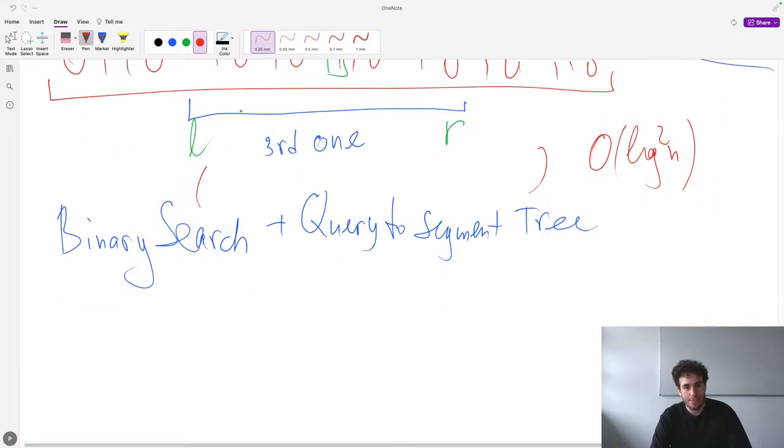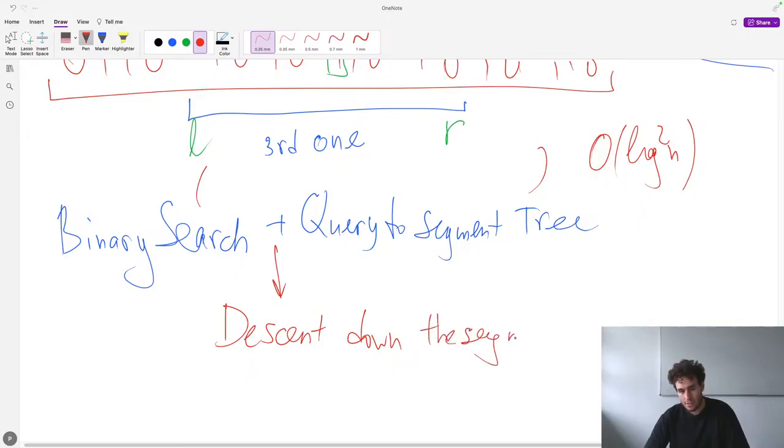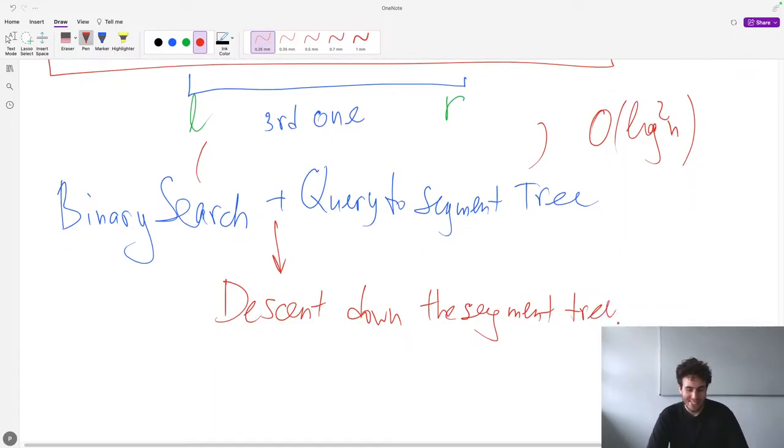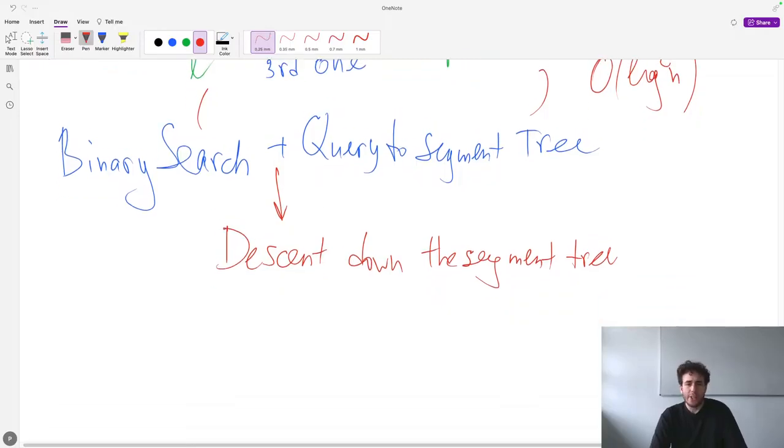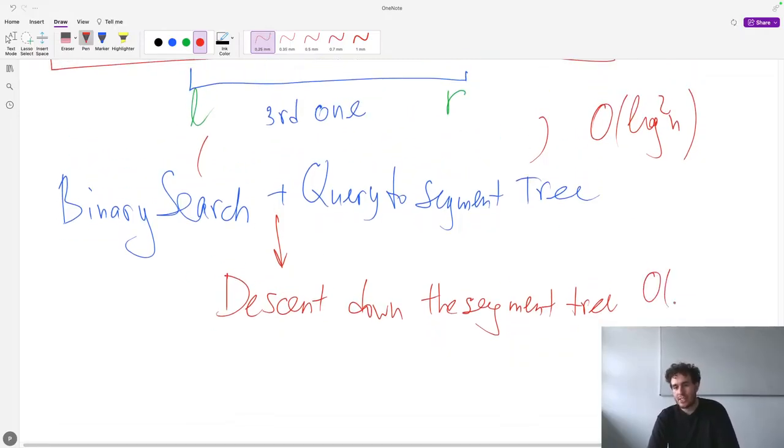This is something called descent. I don't know how the word descent is written. Descent down the segment tree. This doesn't look like the word descent should be written, but whatever. So you can just combine them to get a single log factor instead of two log factors.